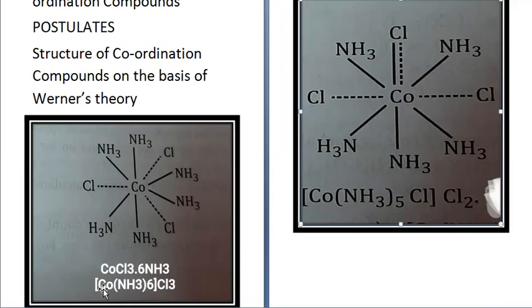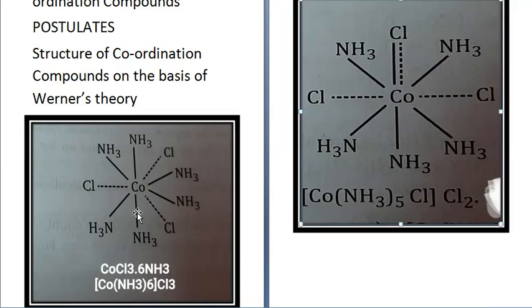The secondary valencies are directional and they are responsible for the definite geometry and isomerism of coordination compounds. Primary valency in the complex is shown by dotted lines, and secondary valencies are shown by dark lines. In all cases, the metal or metal ion should satisfy both primary valency and secondary valency.